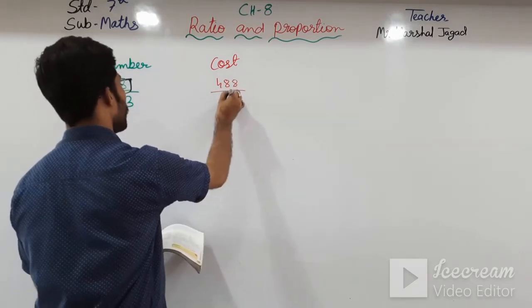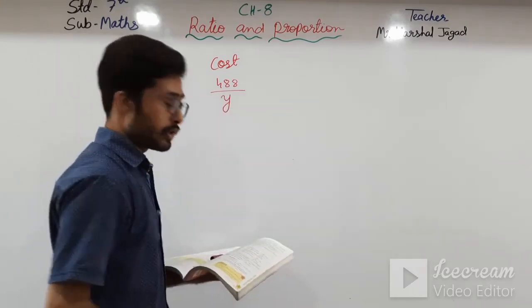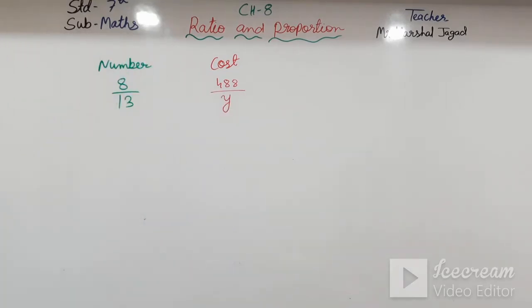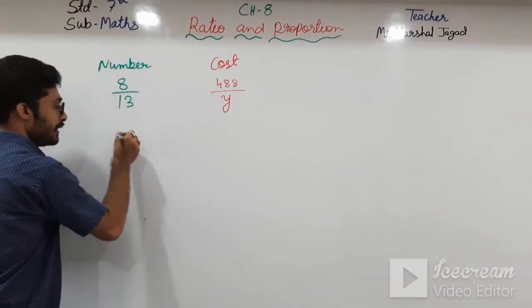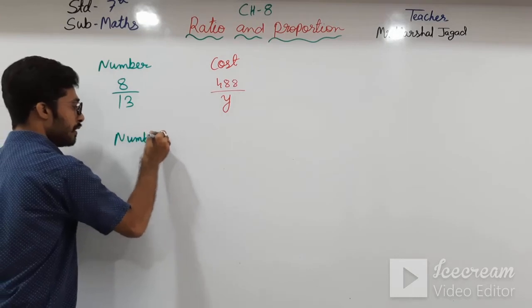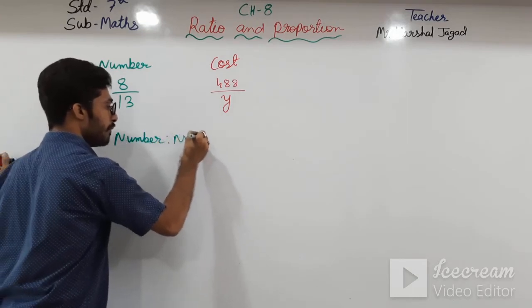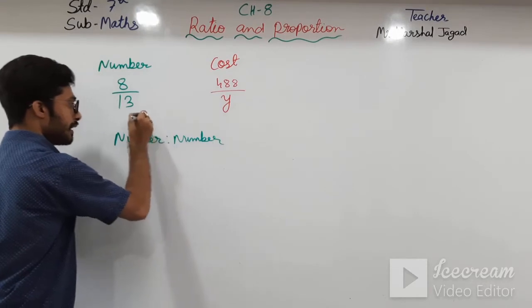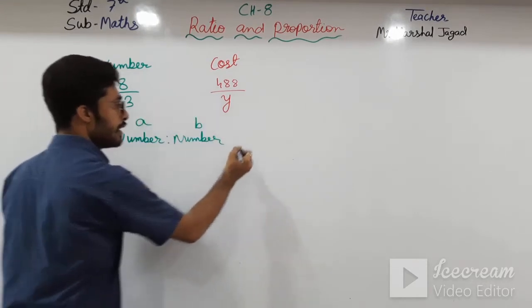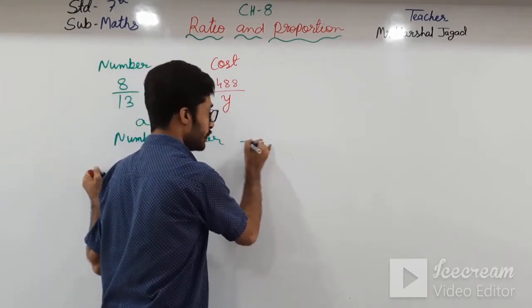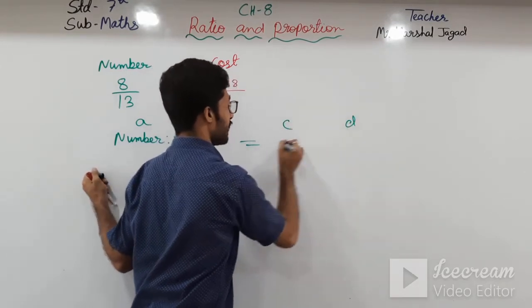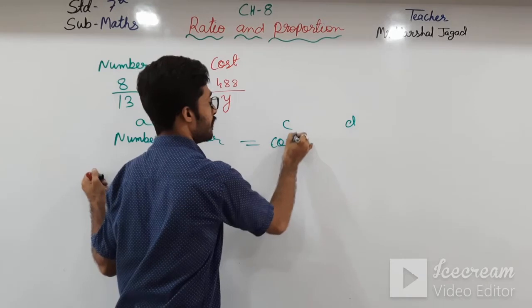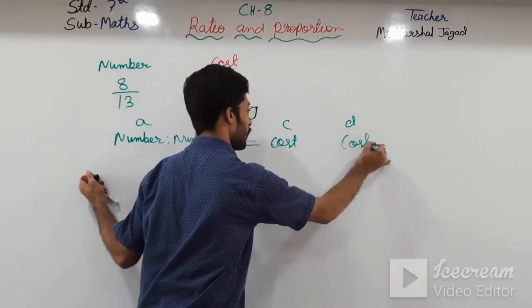Now we have seen a method: number ratio number, that is A ratio B is equal to C ratio D, that is cost ratio cost.